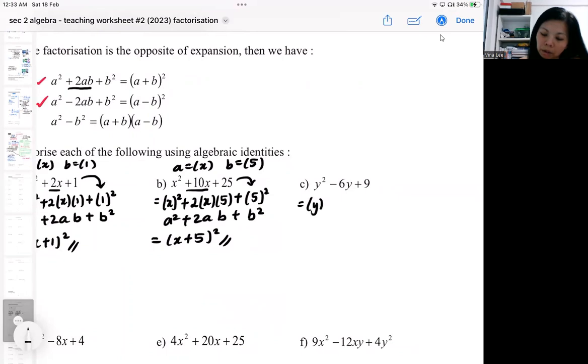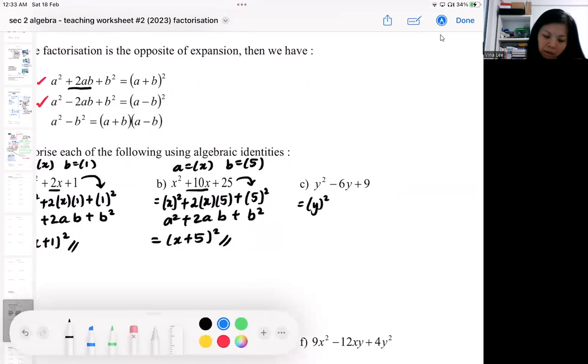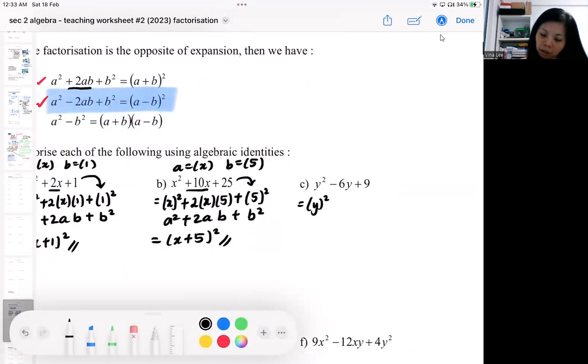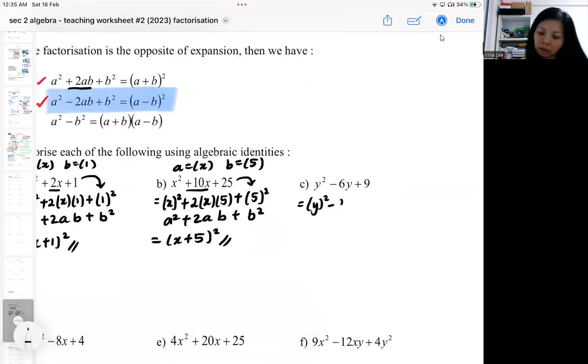So here comes the next one. The next one has a minus, so I'm going to expect that it will be the second formula. It has a 6y, so I'm going to reorganize. Then it will be 2 times y times 3. Change the 9 to 3 squared.